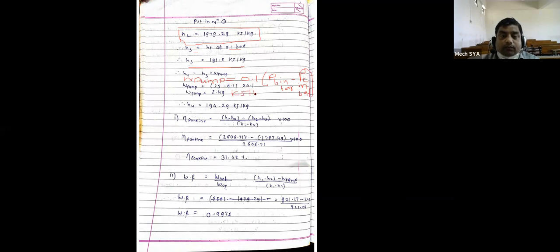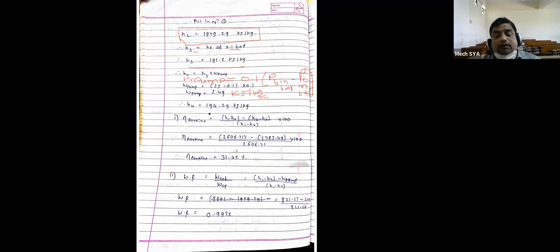So this is the pump work, 2.49 kilojoule per kg. And h4 in that case will be 191.8 plus 2.49, so the value will become 194.29 kilojoule per kg.